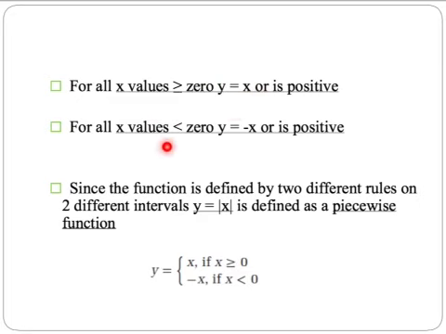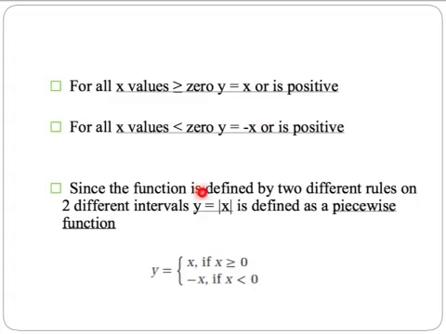If an x value is less than 0, we have to times it by a negative to make it positive, because absolute value always has to be positive. So if it's greater than or equal to 0, we just pull it out. If it's less than 0, we have to times it by a negative. And that's why it comes out positive.